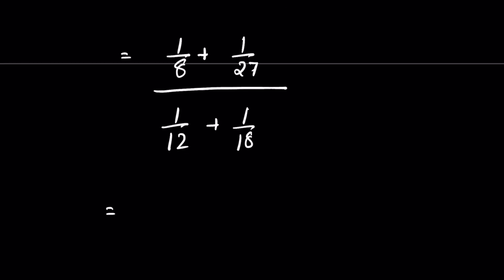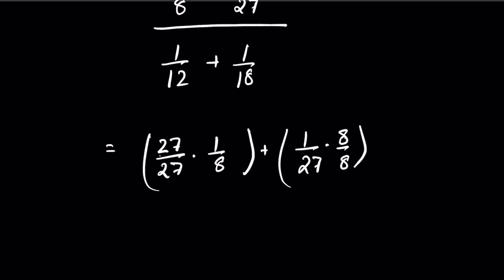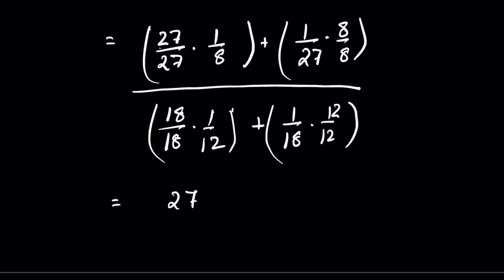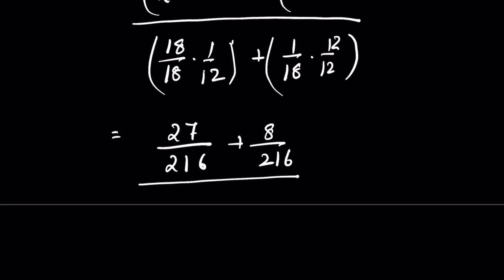For the common denominator of 8 and 27, we multiply and divide 1 upon 8 by 27 upon 27, and 1 upon 27 by 8 upon 8. By doing this, we are not changing the question. So 27 upon 27 times 8 is 216, plus 8 upon 216, then upon 18 times 12 is 216, so 18 upon 216 plus 12 upon 216.